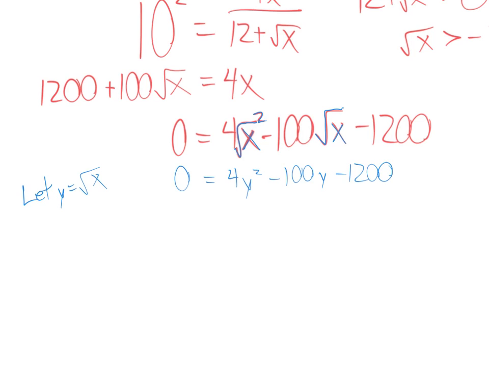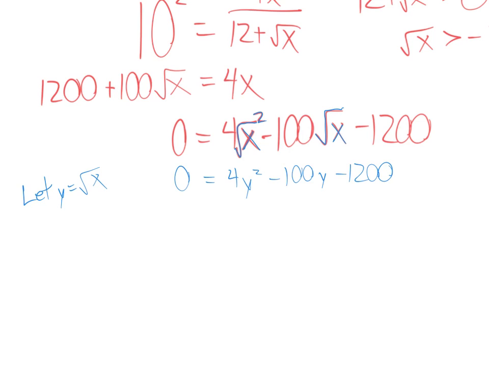Okay? Here's the one thing to be careful of if you actually do the substitution. And that is, we're not solving for y. We're solving for x. So you need to make sure you finish at the end. Okay? Now, either way on this one, we can divide everything by 4, right?